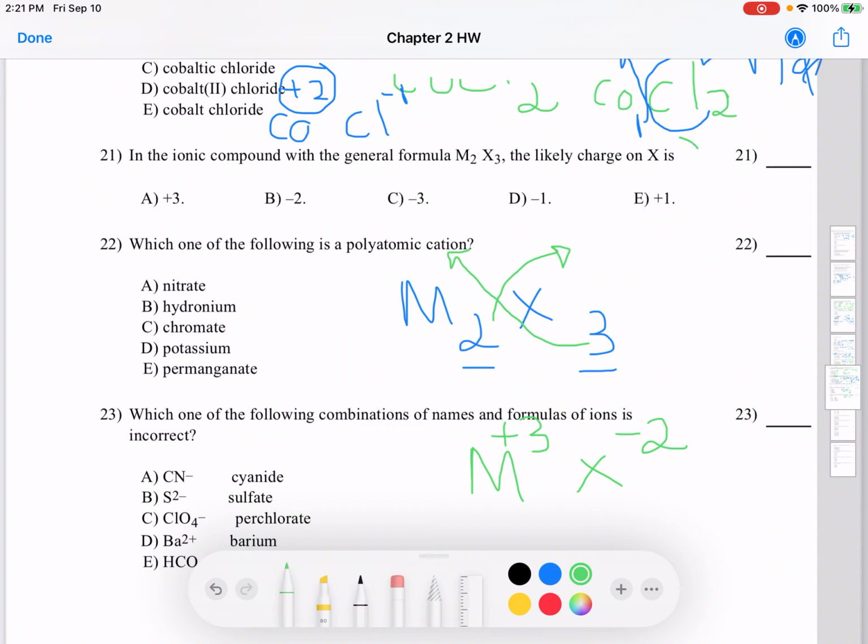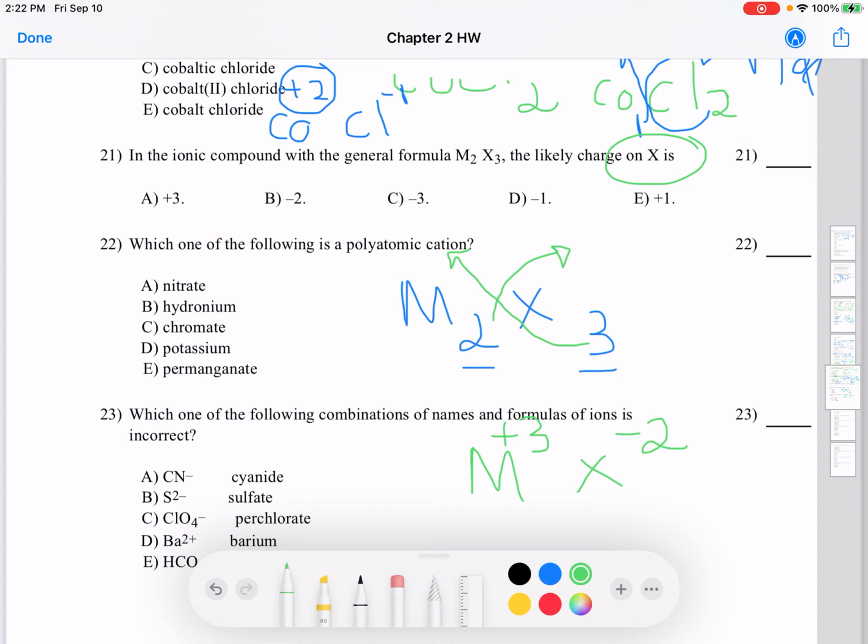So it's asking the charge on X. X is going to be -2, right? The charge of the X is -2. And then the charge of the metal would be +3. So that also balances our charges.